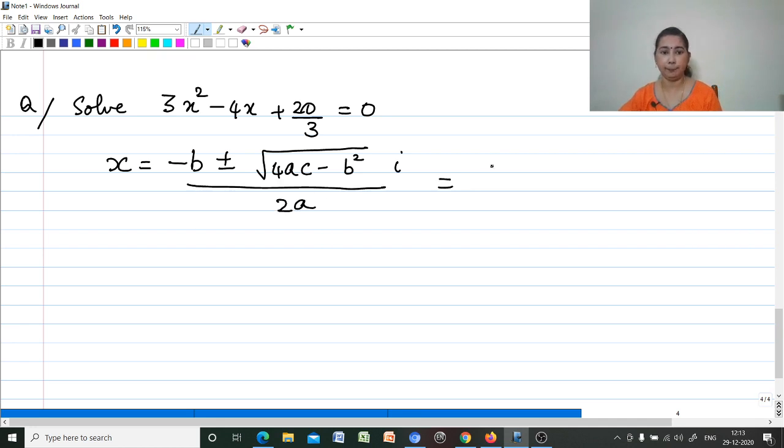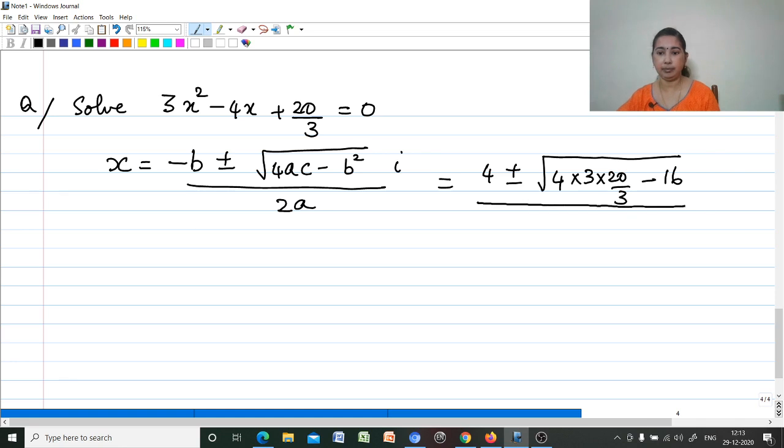That's equal to minus of minus b, means 4, plus or minus root of 4 into a into c, that is 4 into 3 into 20 by 3, minus b square, that is minus 4 square is 16, divided by 2 into 3.